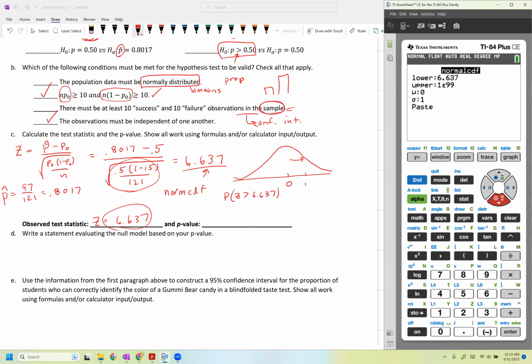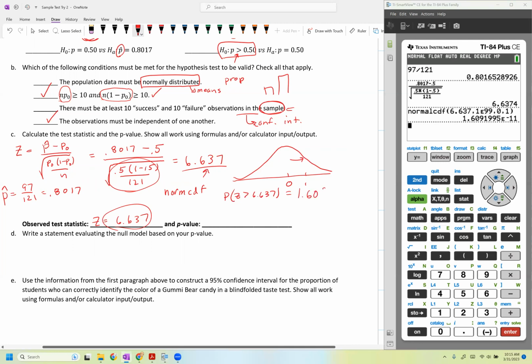The mean is 0 and the standard deviation is 1, and we get 1.609 times 10 to the negative 11th. For perspective, that's 10 zeros followed by 1.609, but we can just write that down as 1.609 times 10 to the negative 11th. All right, an amazingly low p-value.